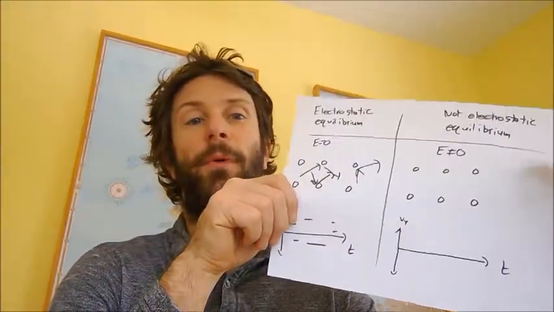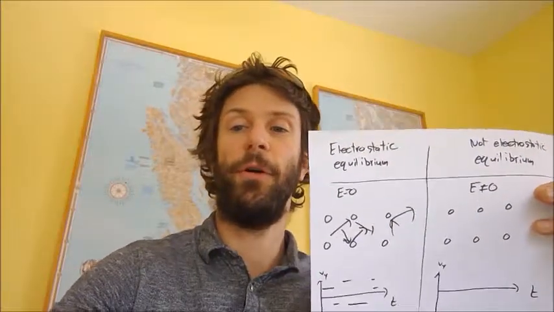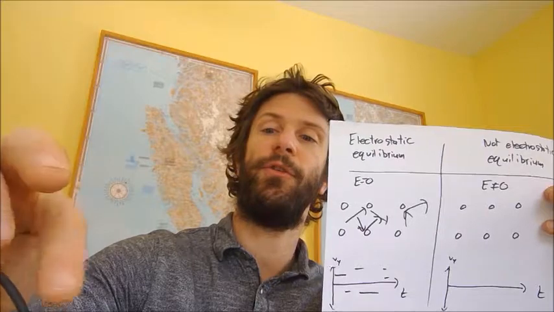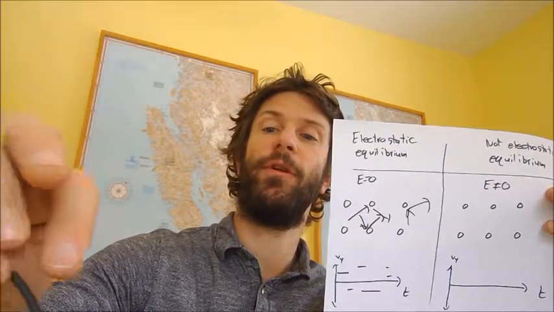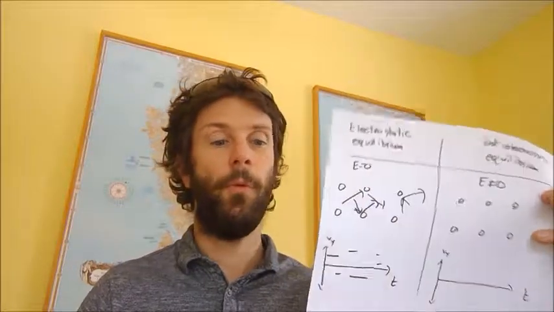Now, when we're not in electrostatic equilibrium, when there's a current, like this one, the electrons are slowly traveling through that wire. What do the electrons look like as they're going through? Well, they're going something kind of like this. What I'm trying to illustrate here is, maybe it bounces like that.